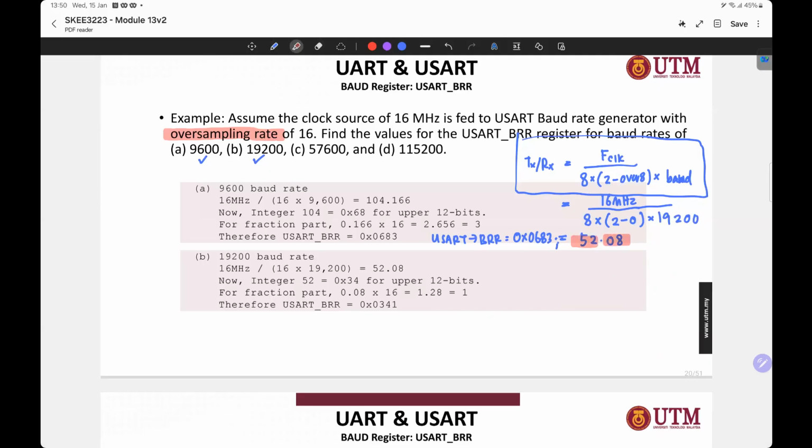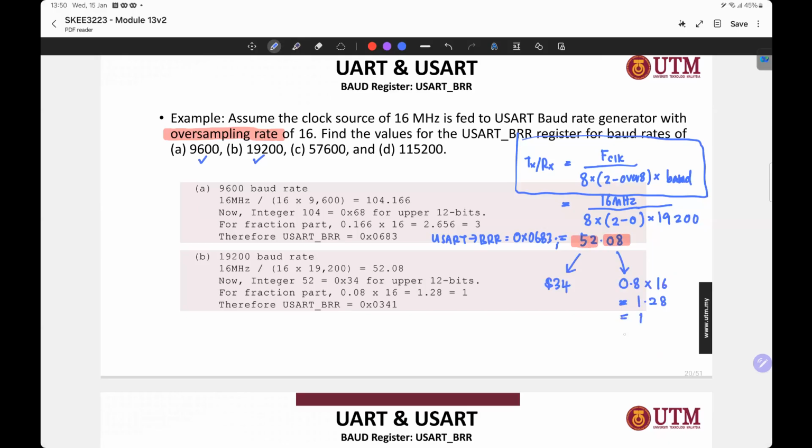Okay, so again, you have two value here. One is integer, the other one is fraction part. So for the integer, change it to hexadecimal, press the calculator, you will get 34. While this one here, you need to 0.8 multiply by 16, get the value, which is 1.28. And then 1.28, get the nearest value here is 1.